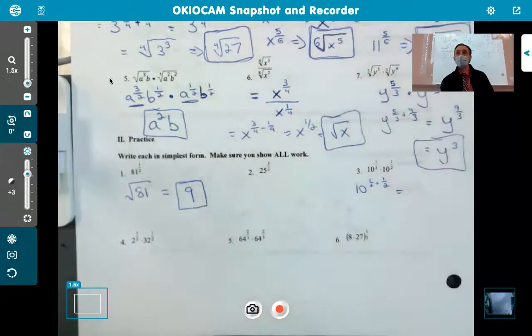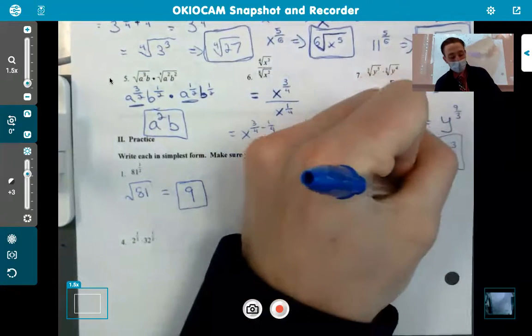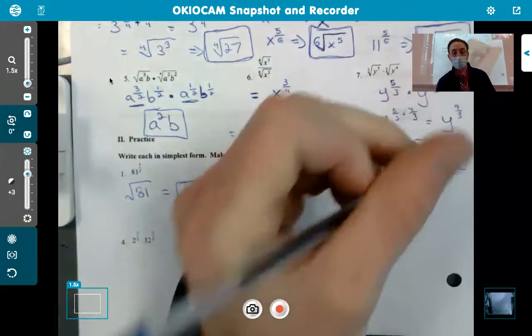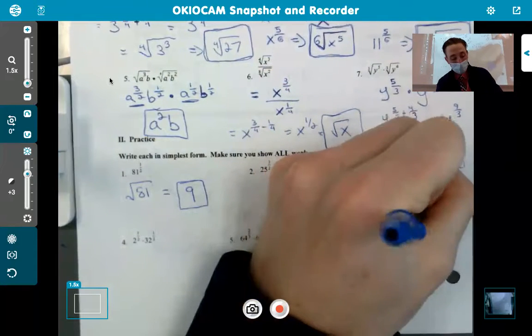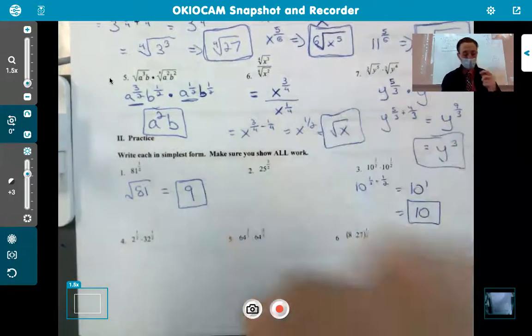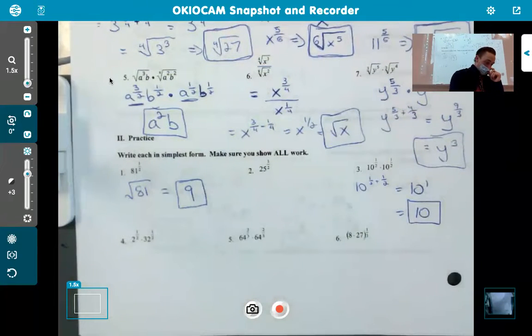Half plus a half gives me a whole, or 1, right? So this is 10 to the first power, and anything raised to the first power is just what? Itself, right? So my answer here is 10. Okay. Starting to see some of our rules from yesterday in our practice for today.